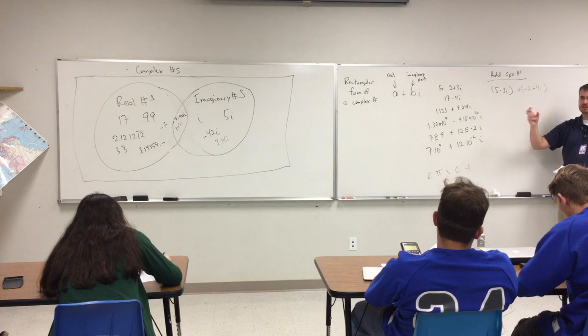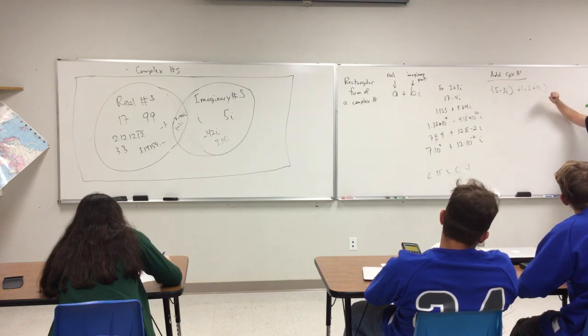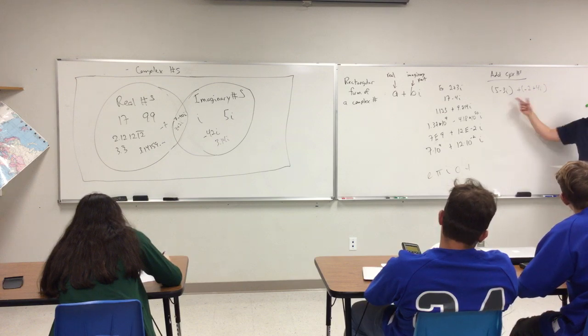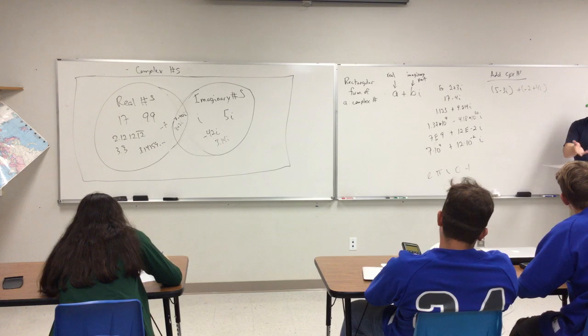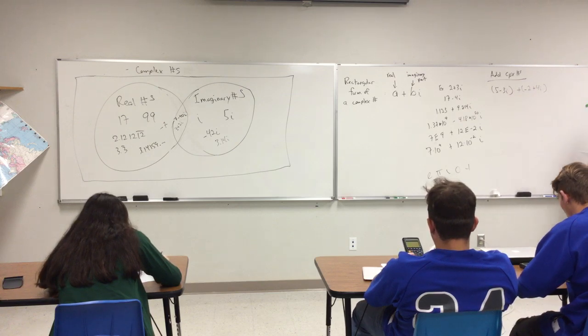You just have to deal with that abstract concept. This is a number, and this is a number, and we're adding them together. Don't think of them like two objects. You can actually use object programming classes as a good way of having instance variables for the real part and for the imaginary part. If you take my computer programming classes next year, you'll know what I'm talking about.